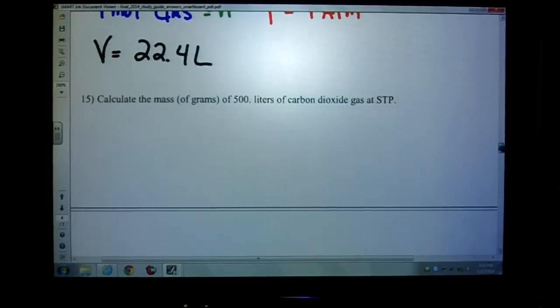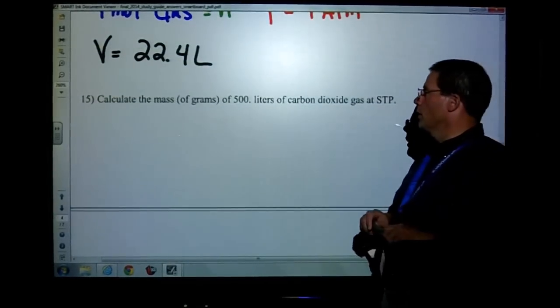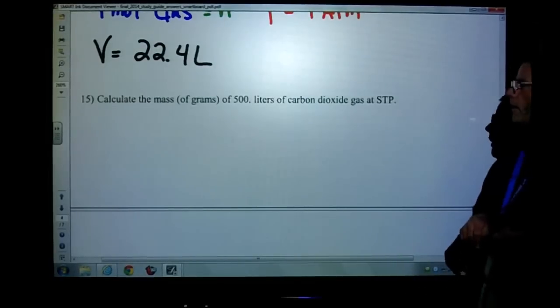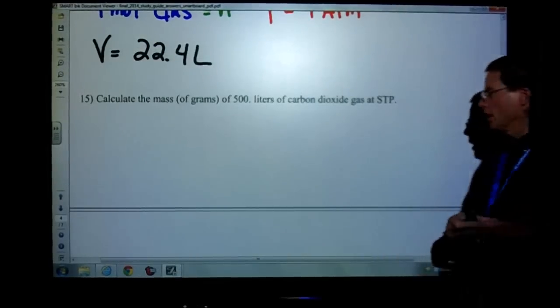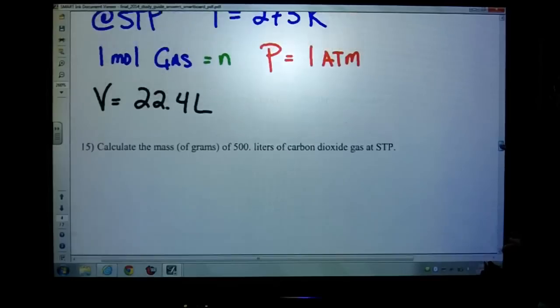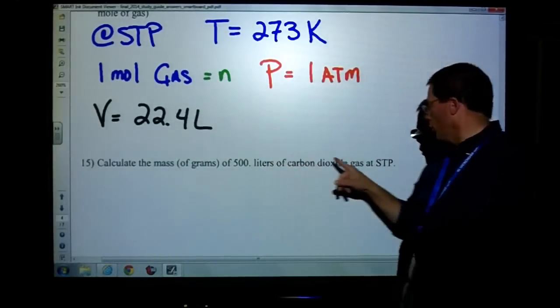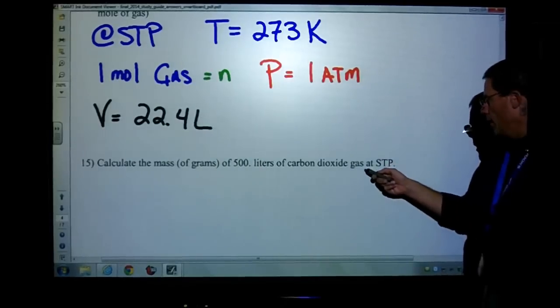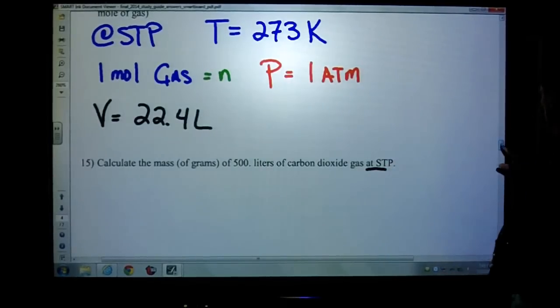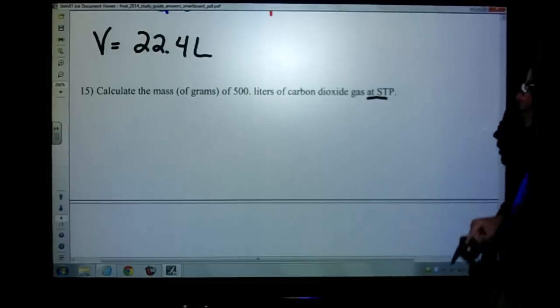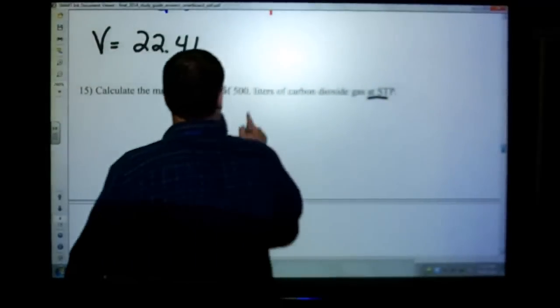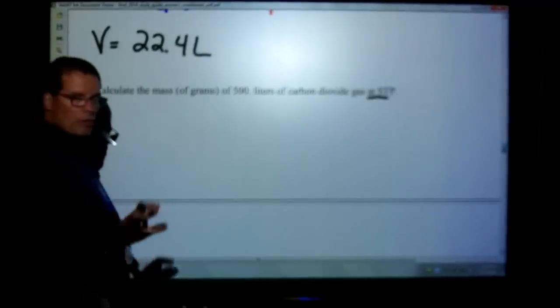15. Calculate the mass of 500 liters of carbon dioxide at STP. Well, looky there. So here, again, if I have 1 mole of gas, I can use this conversion as long as we're at STP, and we are. So we can do this calculation rather quickly. I start with what I know, that's what's given.